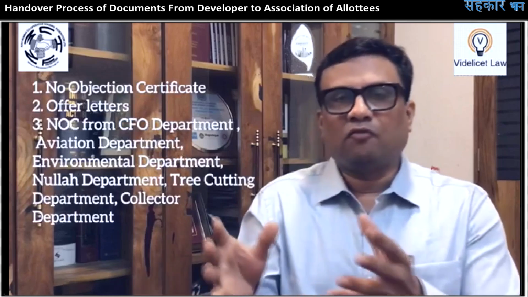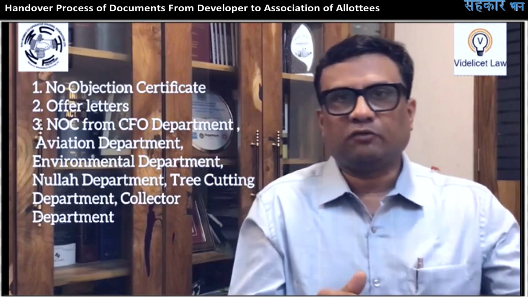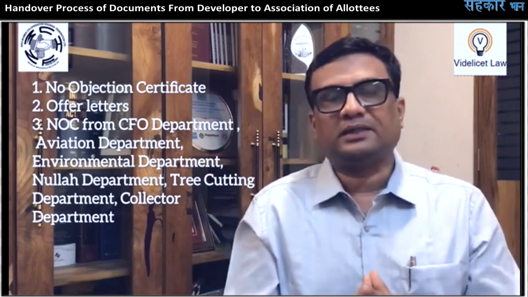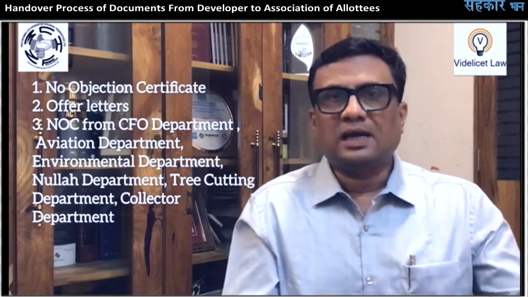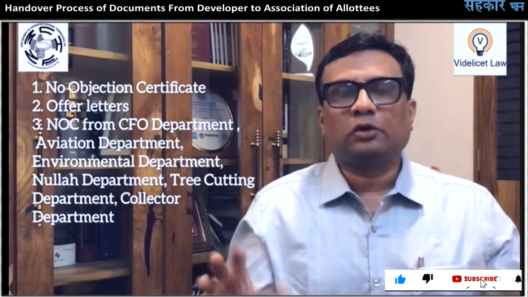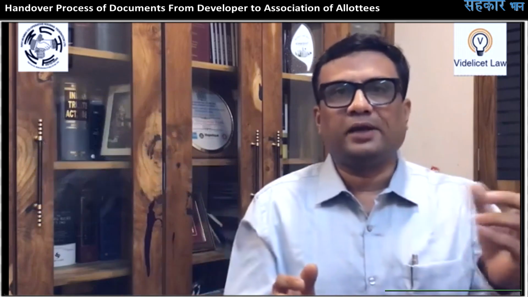For example, offer letters, NOCs from the CFO department, NOC from aviation, NOC from the environment department, the tree cutting department, the Nala department, and NOCs from the collector. From various authorities these NOCs are granted, and they need to be handed over to the association of allottees or that legal body.